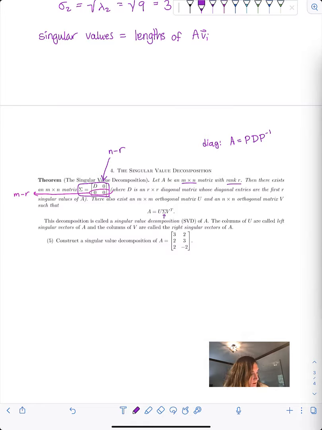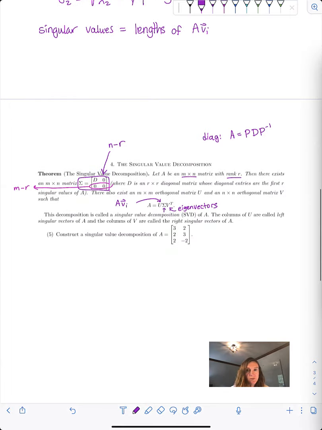And actually our V transpose is going to hold our eigenvectors, and U is going to hold our values Av_i, sort of.